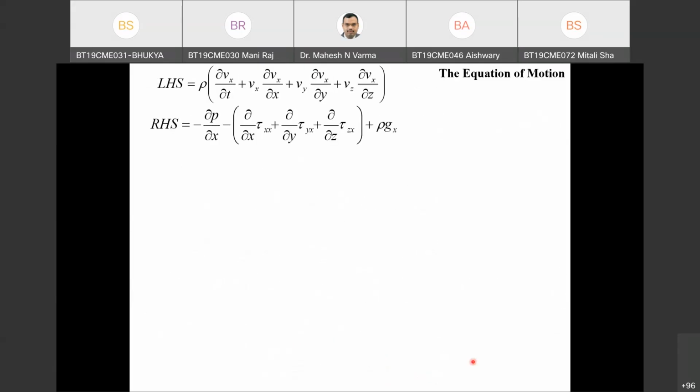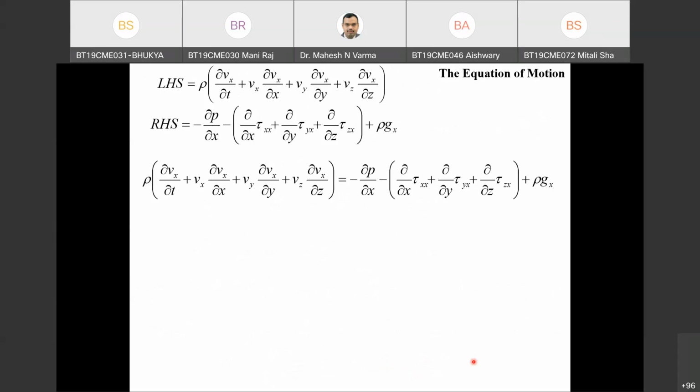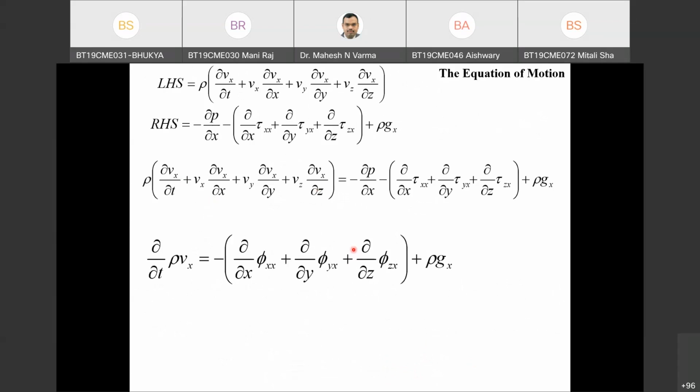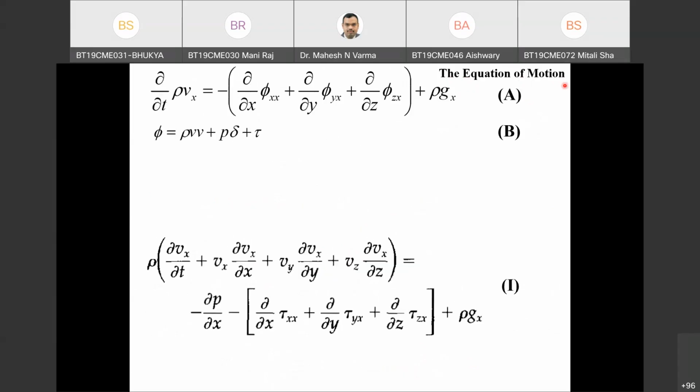So LHS is also true, RHS is also true. Hence, this equals this. So this equation is proved from this equation. This is another form of the equation of motion. Now this is proved.